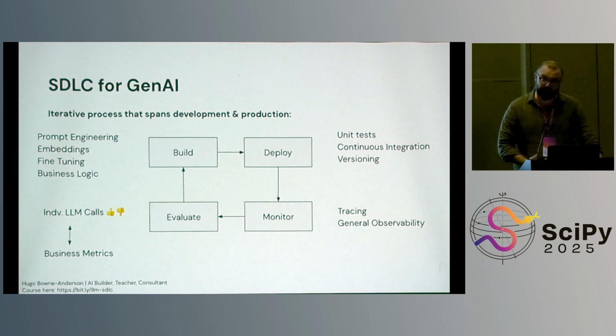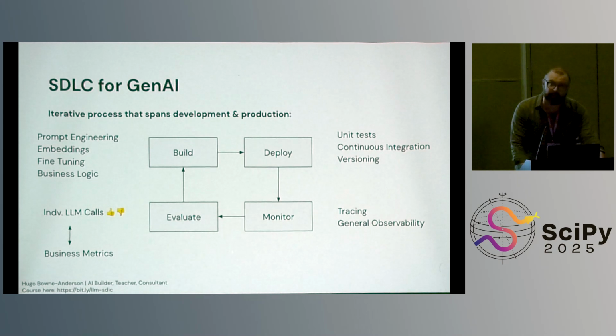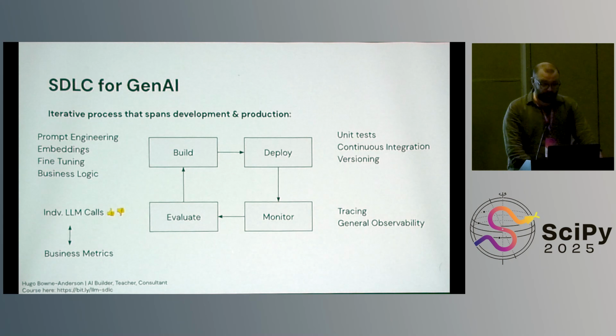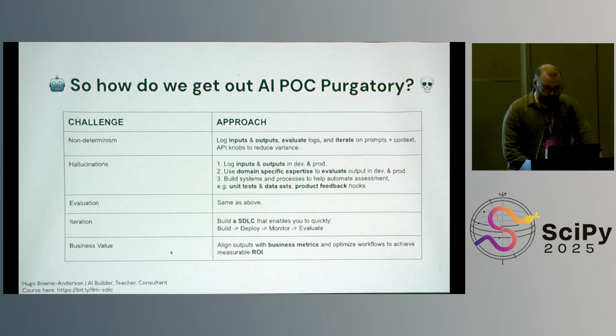Monitoring involves tracing, but general observability. Allow me to see what's up, what's happening. Spreadsheets will be some of your best friends here. Pivot tables are actually incredibly useful in terms of doing error analysis. And then when you go to evaluate, you want to evaluate at an individual LLM call, but also with respect to your business metrics.